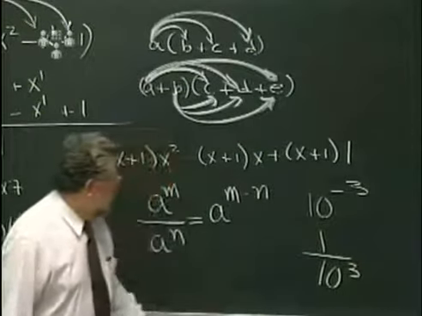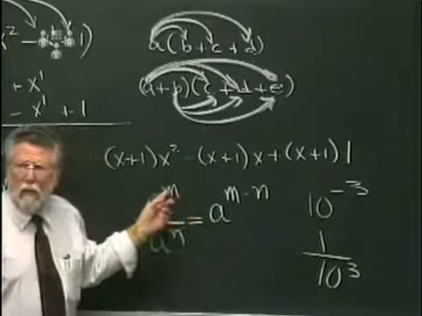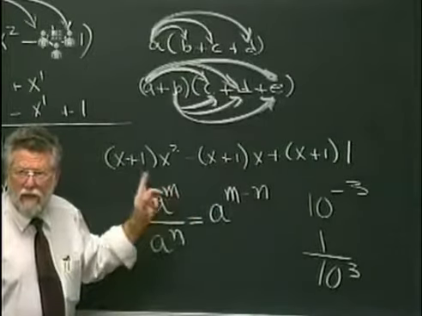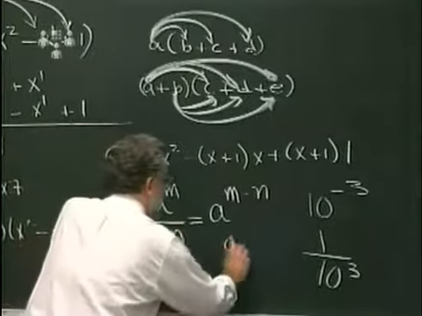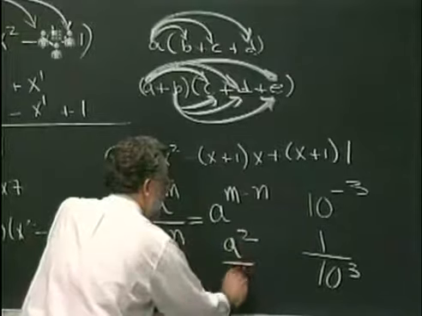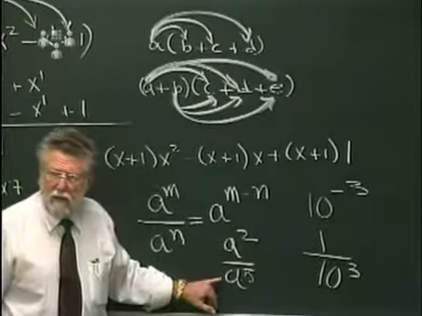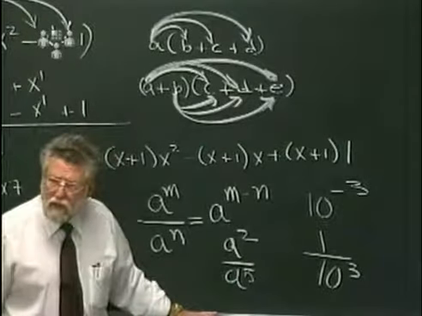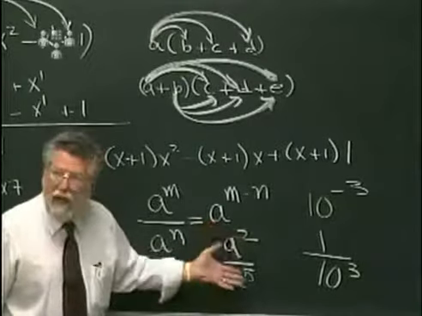So if M is 2, let's do something like this: if I had a to the second over a to the fifth, and I were to subtract, I'd have a to the minus 3, correct? And that would be the same as 1 over a cubed.